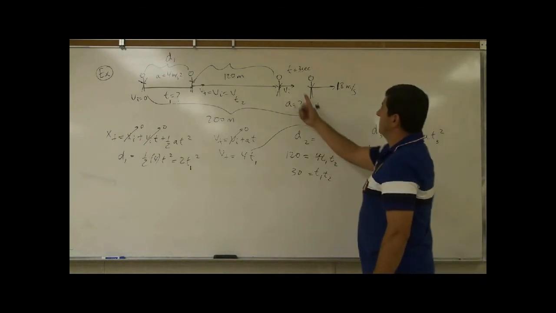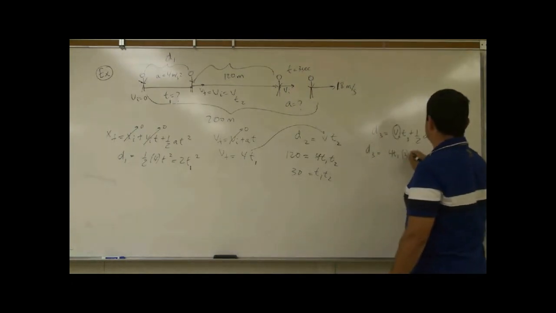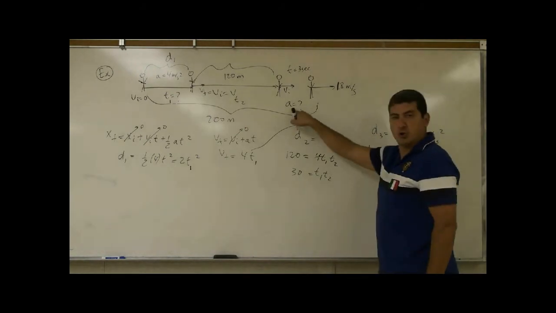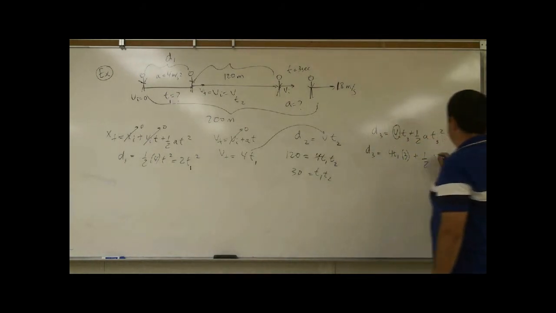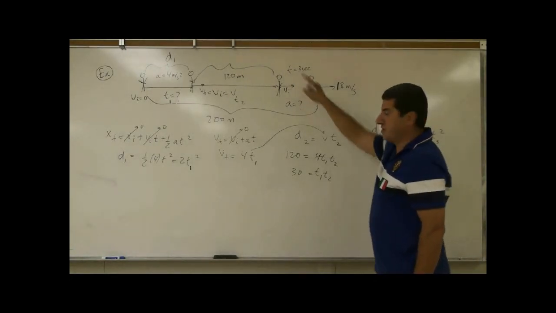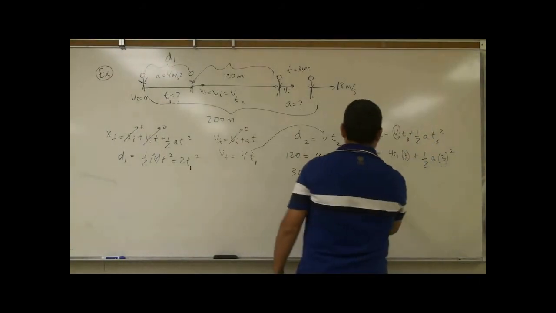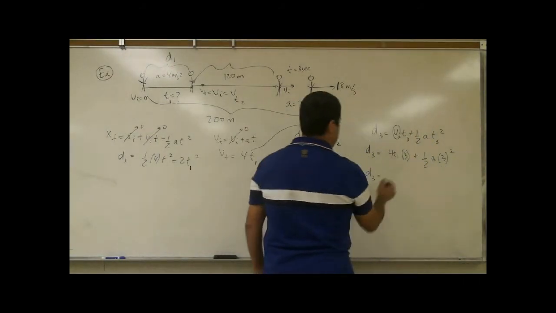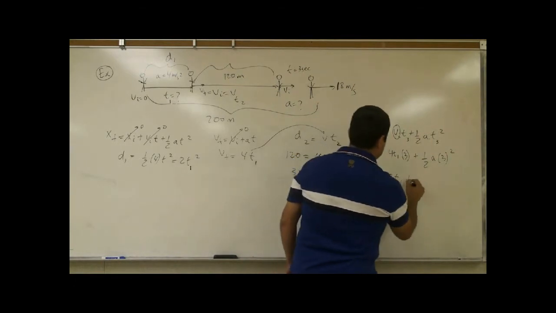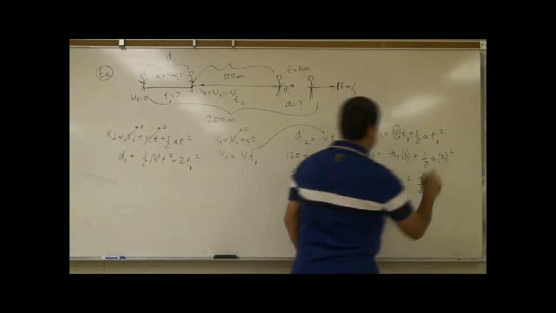What's T3? It's the time for the third stage, which is 3 seconds. What's A? We don't know A. You see? What's T3? Again, time for the third stage, 3 seconds. So what do we get from here? D3 is equal to 3 times 4, 12T1 plus 9 over 2A.